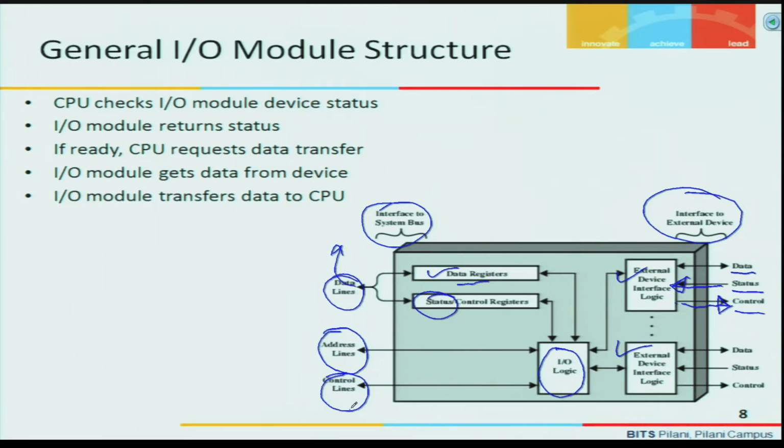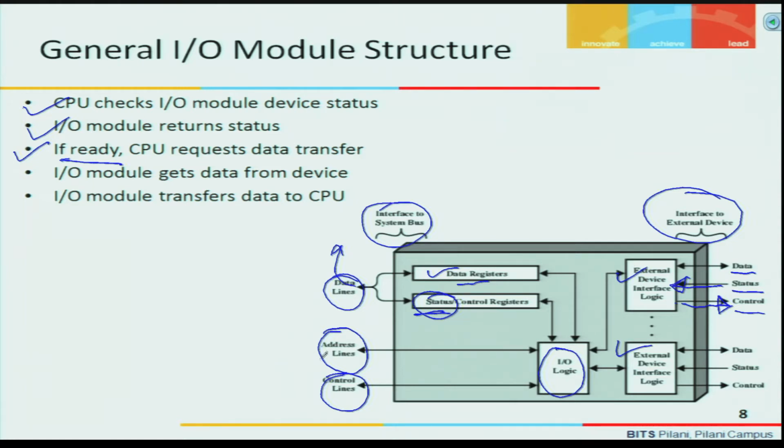So for any operation, first the CPU checks the I/O module device status through the status registers, and then the I/O module returns the status of that device. If the status indicates that it's ready, then the CPU requests the data transfer. Then the I/O module gets the data from the device.